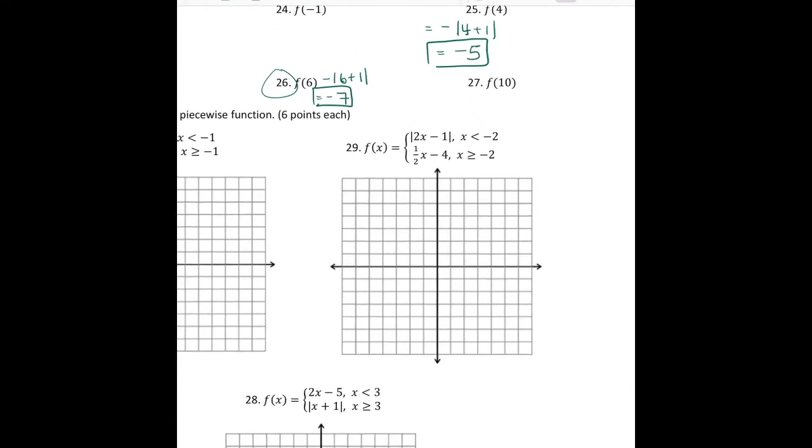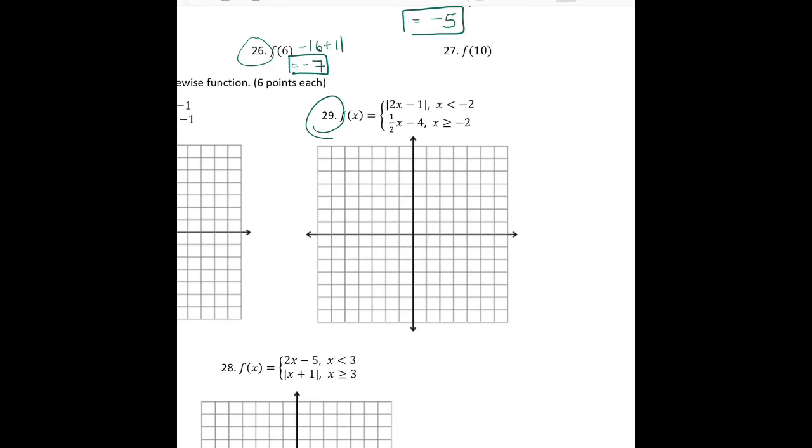Cool, and I'm just going to go ahead and do number 29 to show you guys how to do the graphing one. I'm going to go ahead and just graph this one first because it doesn't have any absolute value. So my y-intercept is -4 and my slope is 1/2, so I'm just going to go ahead and draw some of those.